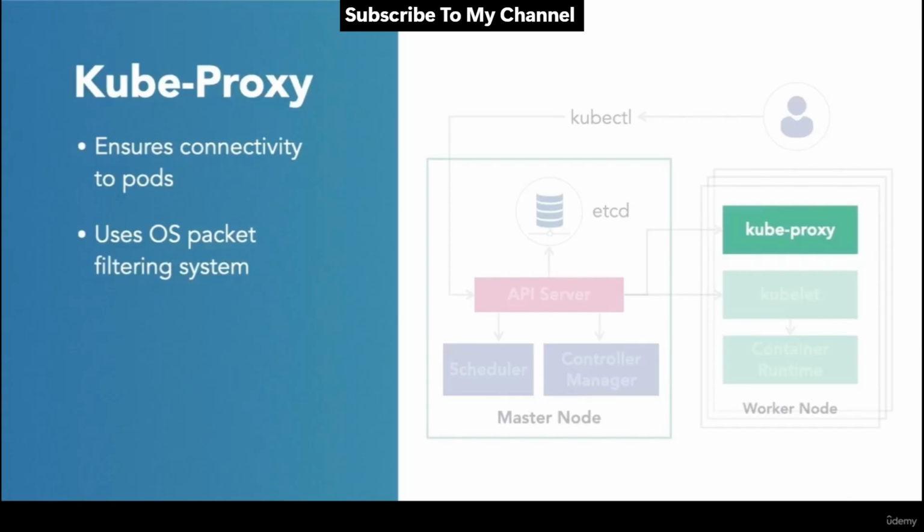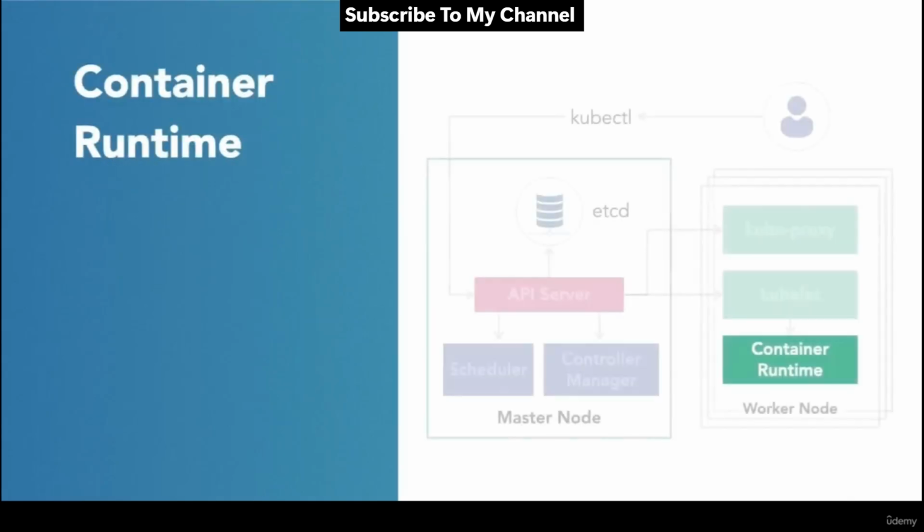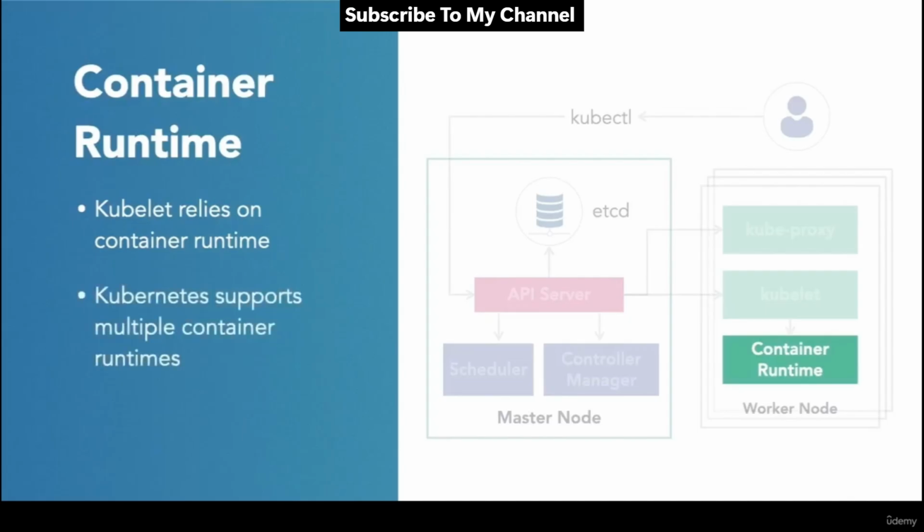Before we wind up this video on Kubernetes, let's revisit the topic of container runtime, but this time we will look at it from the point of view of Kubernetes. You know that the kubelet relies on container runtime to run containers. But Kubernetes supports different kinds of container runtimes as long as they support the container runtime interface, or in short, CRI.